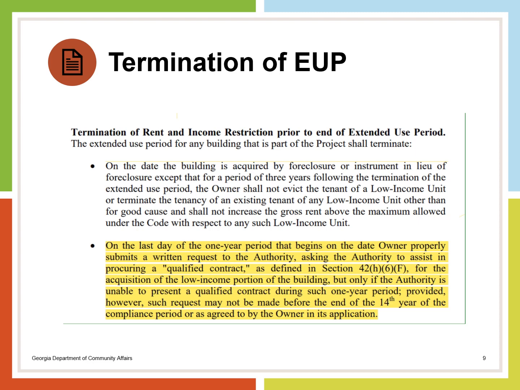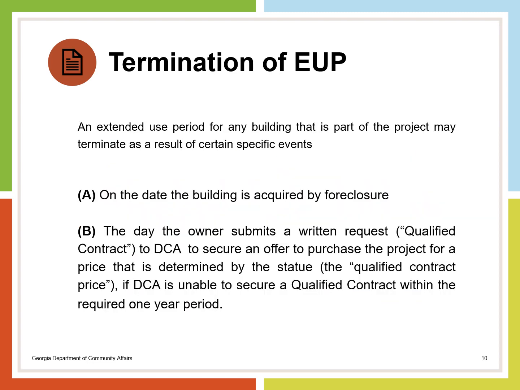Such a request may not be made before the end of the 14th year of the compliance period or as agreed to by the owner in its application. So to answer the original question, can you opt out of the tax credit program? Yes, you can, during the extended use period, through foreclosure or by qualified contract.